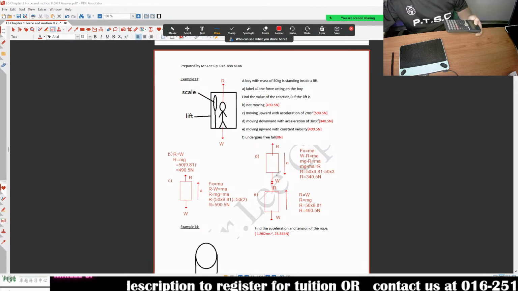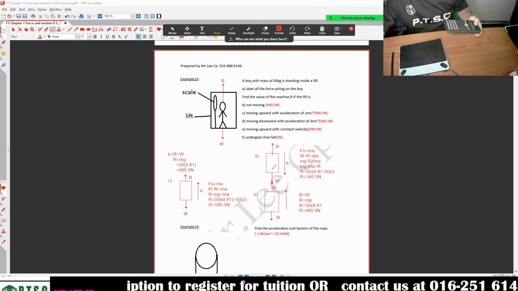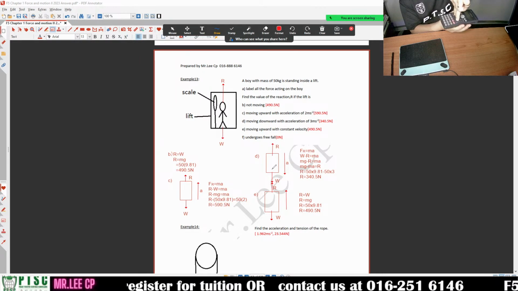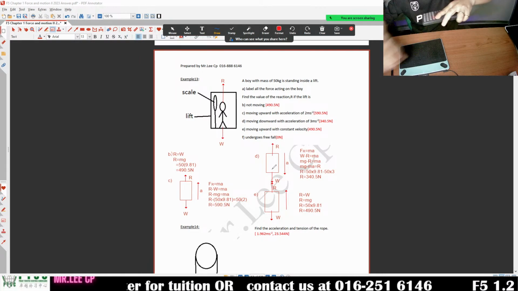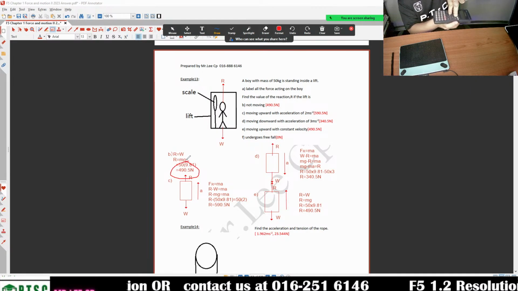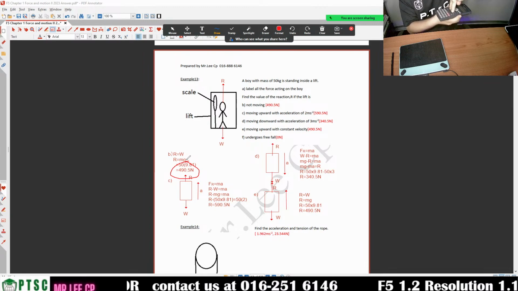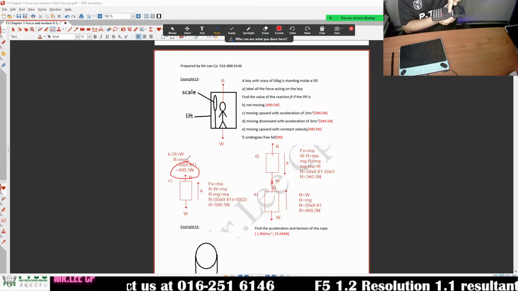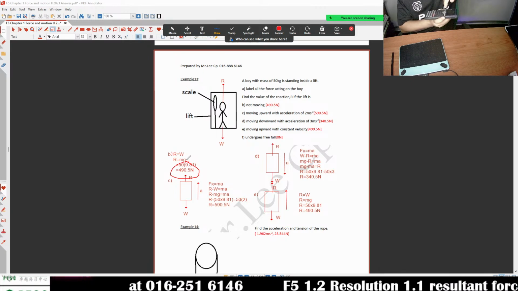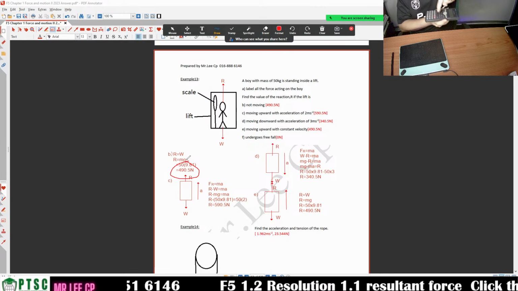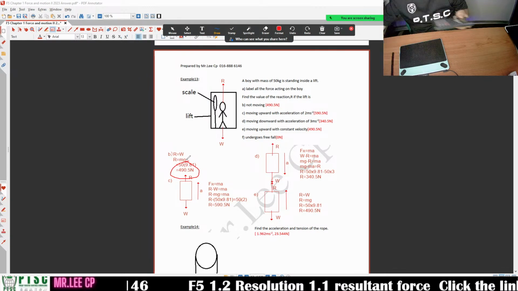Now, how about if it is accelerating downward? You are standing on it. If you don't move, it will give you the reading of 490. But now I accelerate downward, so it compresses less.